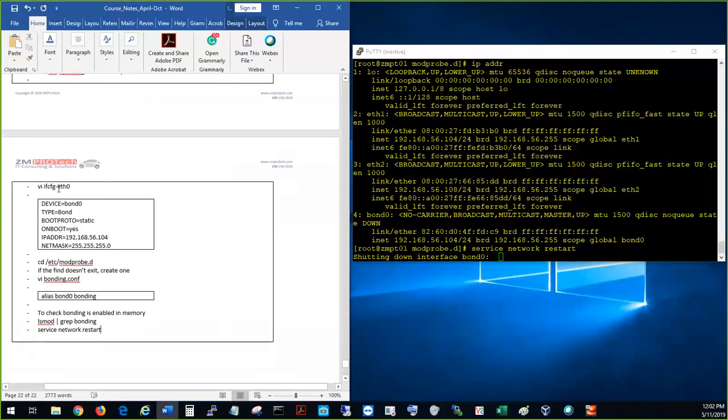Actually, this is ifcfg-bond0. This is we are creating a new file, and this is the content of the file here. Okay.